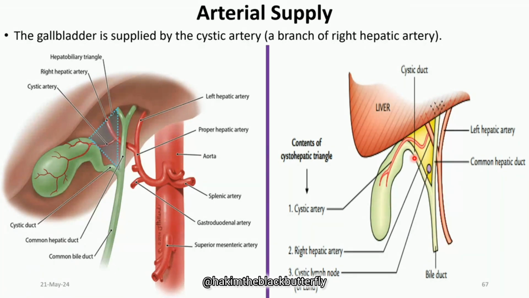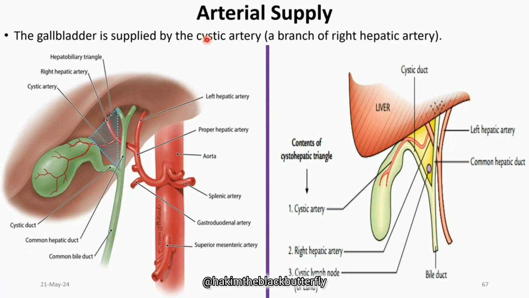You can see the right boundary of the triangle is the cystic duct. Superiorly, we have the inferior surface of the liver. On the left side, we have the common hepatic duct. So these landmarks form a triangular area which will contain our cystic artery, and if it is found, it can be ligated or clamped to prevent bleeding during the process of surgically removing the gallbladder.